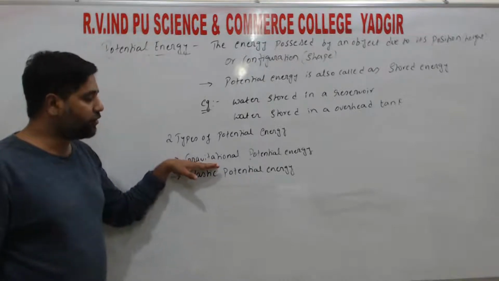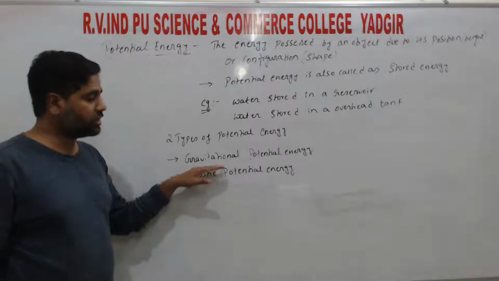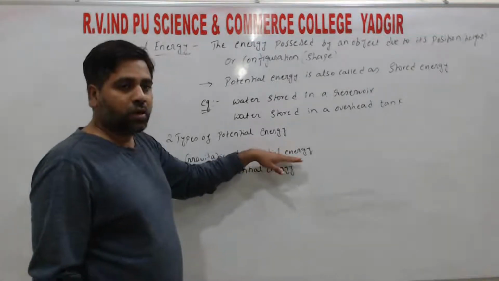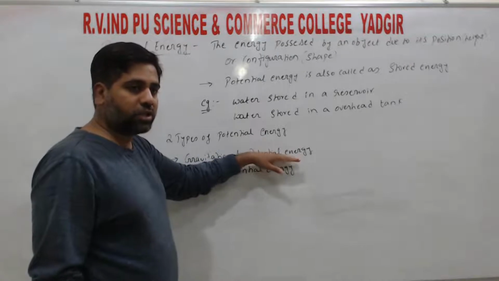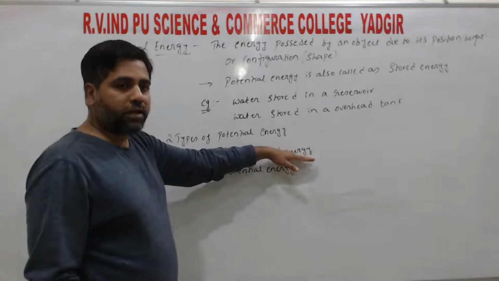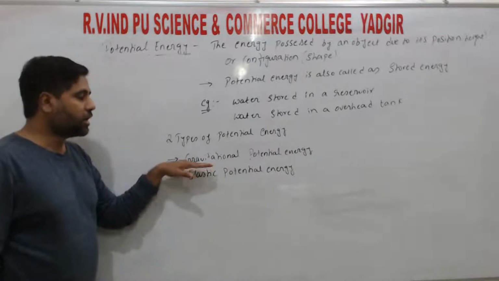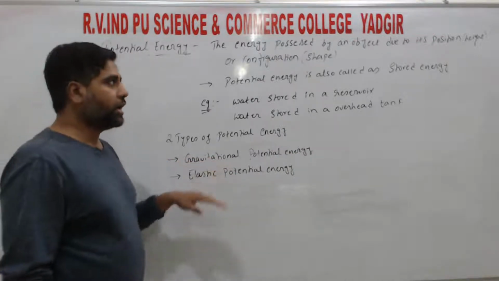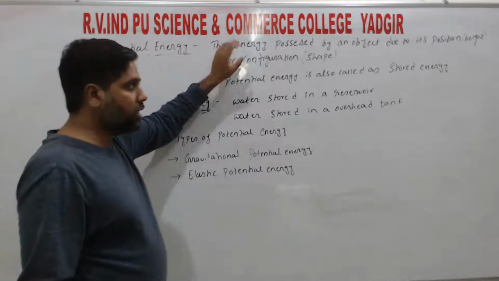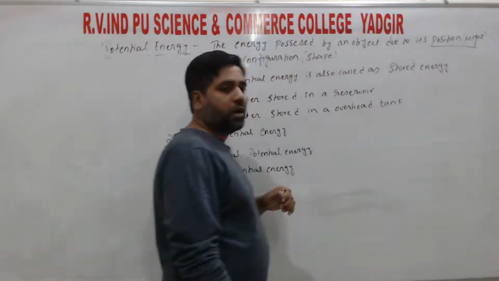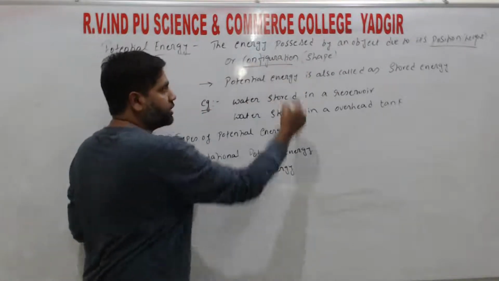If we define gravitational potential energy: the energy possessed by the object only due to its position, that is the height of the object from the surface of the earth, we call that gravitational potential energy. The definition is the same; here we considered two things, one is position and another is configuration.